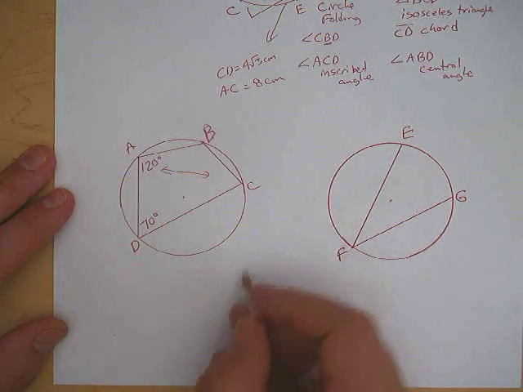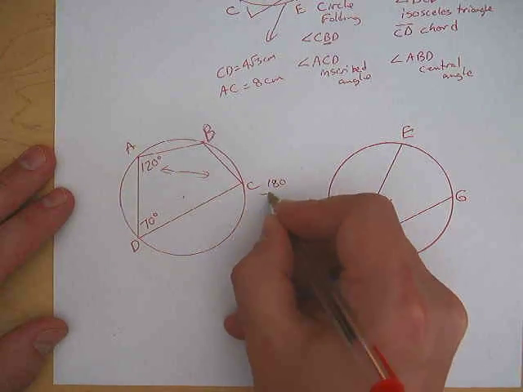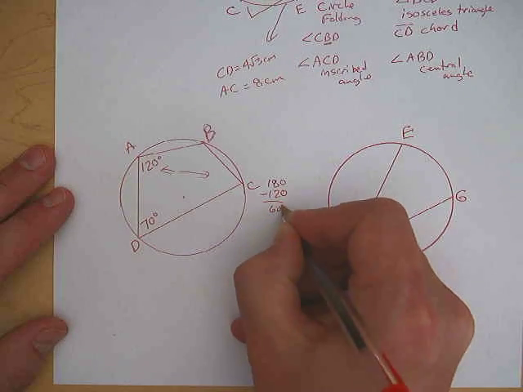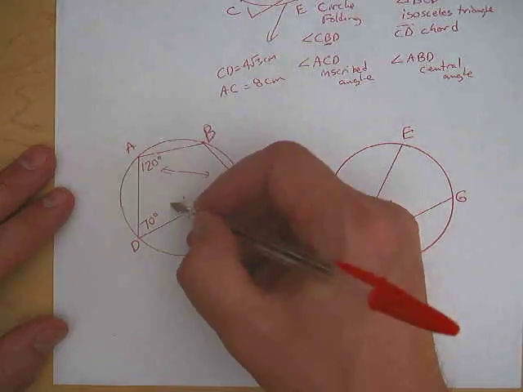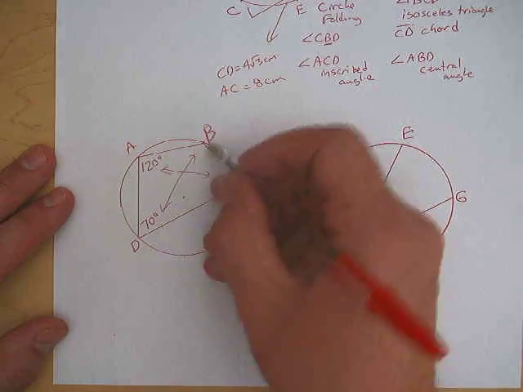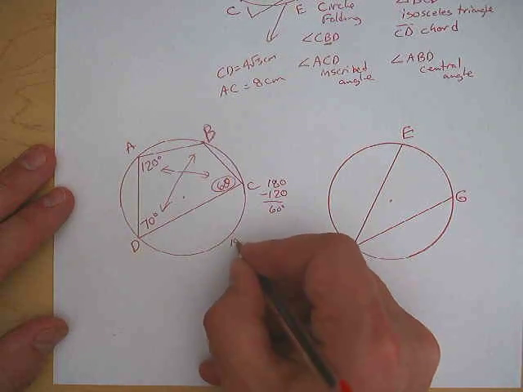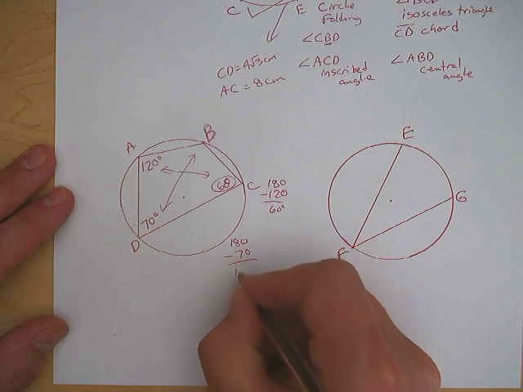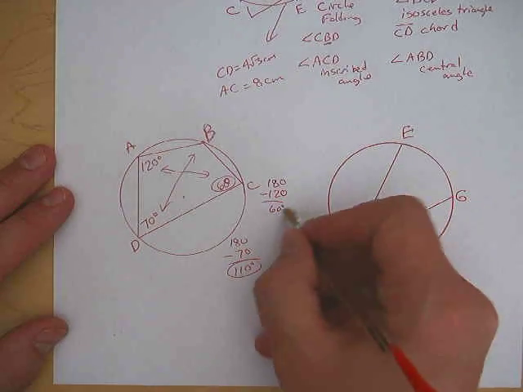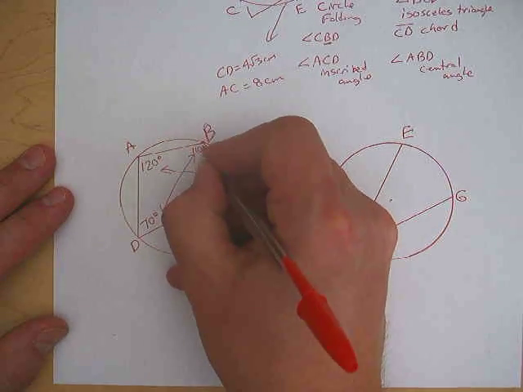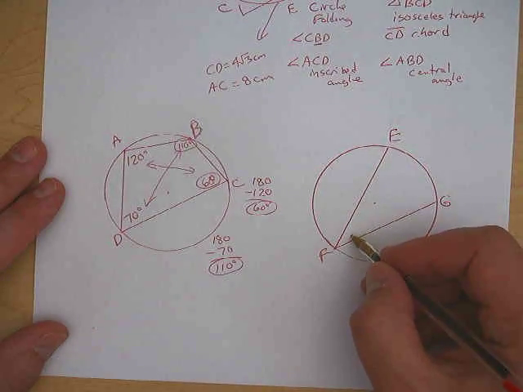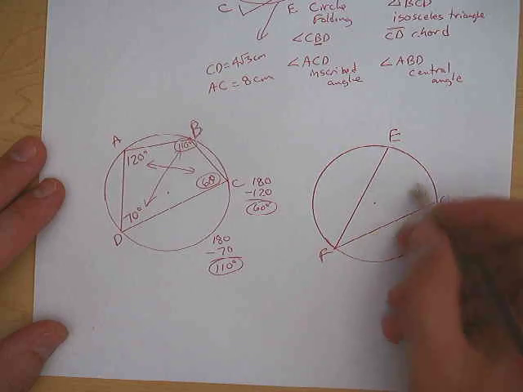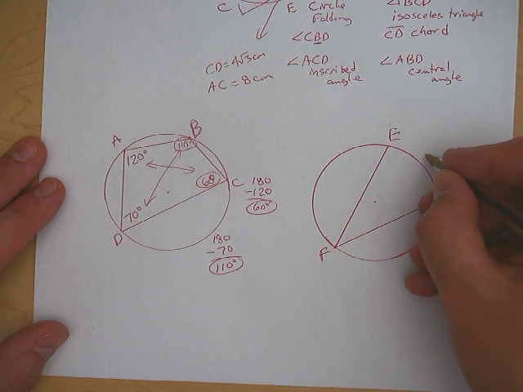And let's say I want to figure out what angle B was up here, and what angle C was. Well, in an inscribed quadrilateral, the opposite angles add up to 180. So I could take 180 minus 120 to give me 60 degrees for this angle right here. Same thing with these two. These two add up to 180. So I take 180 minus 70. So angle B would have to be 110 degrees.